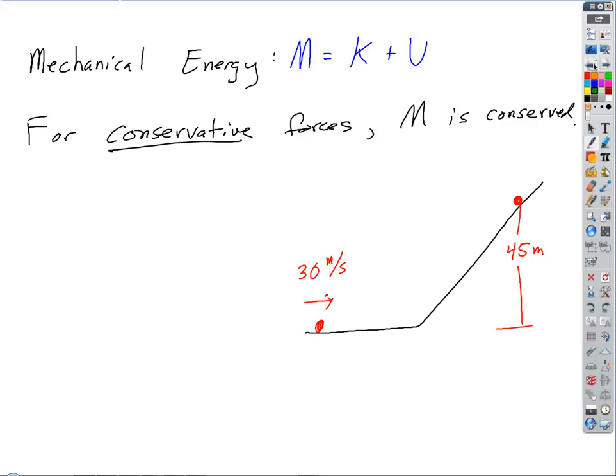Well, when it gets to the top, it's going to be at rest, isn't it, for sure? Right? But what would have to be true if there were no non-conservative forces acting? If the only force acting here that did any work was gravity, right? Then what would have to be true at the beginning and the end? What has to be the same?